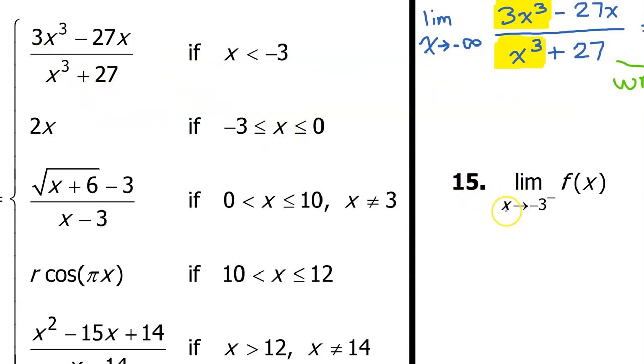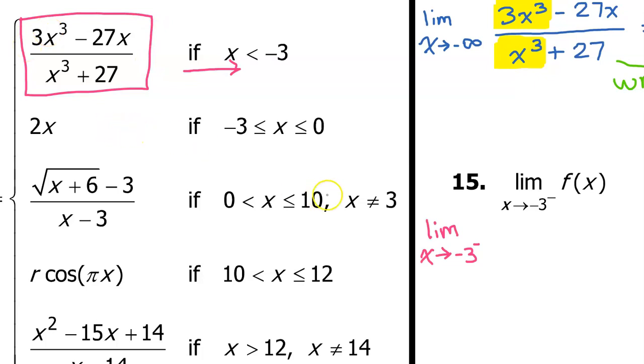For number 15, x is approaching negative 3 from the left. That little negative sign on the top means we are approaching from the left. Because we are approaching negative 3 from the left, that means we are coming in less than negative 3, which is why this piece of the piecewise function will apply. I started to just copy this down over here, but I think I will begin to factor it as I go.